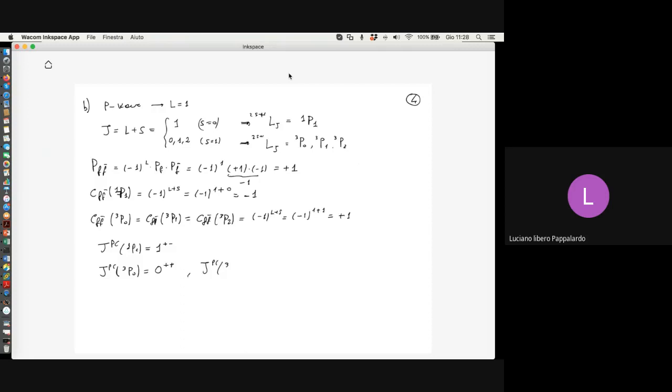J^PC for the 3P1 state is going to be 1^++. And finally, J^PC for the 3P2 state is going to be 2^++. Okay, so parity and charge conjugation are positive everywhere in this second case, but what changes is the total angular momentum, J.